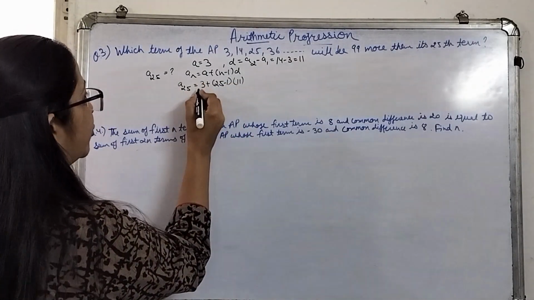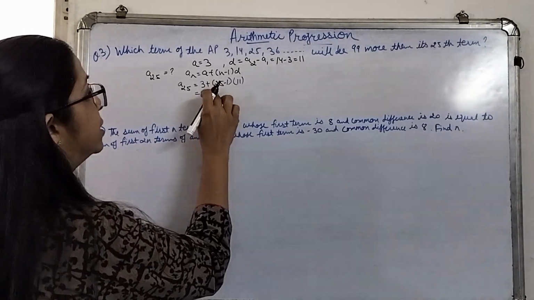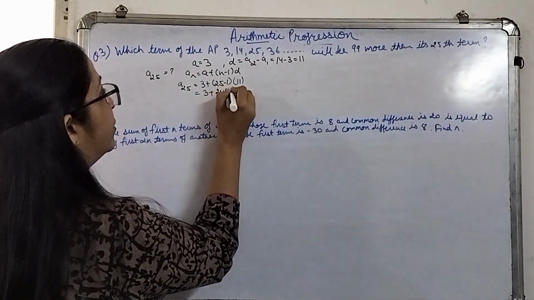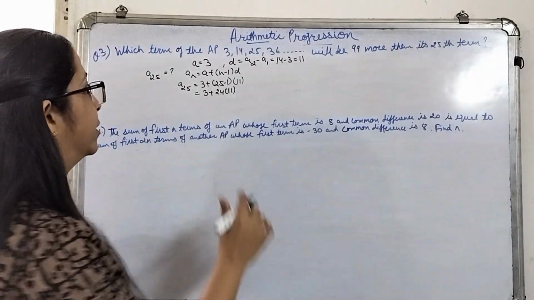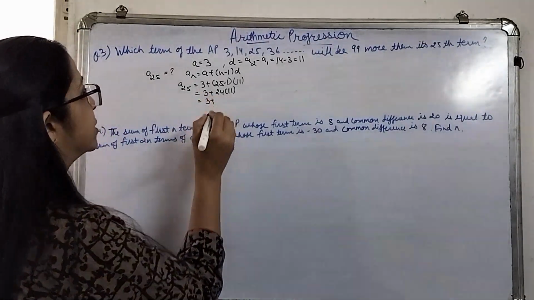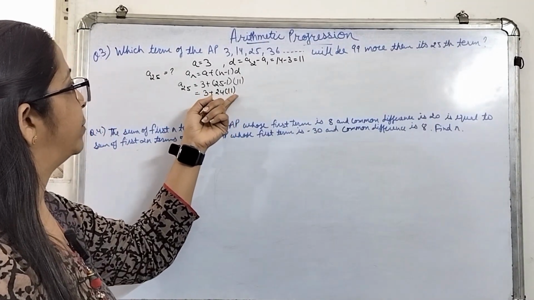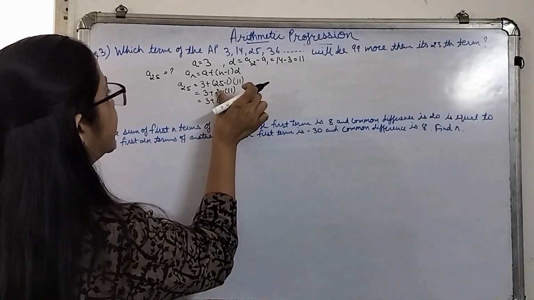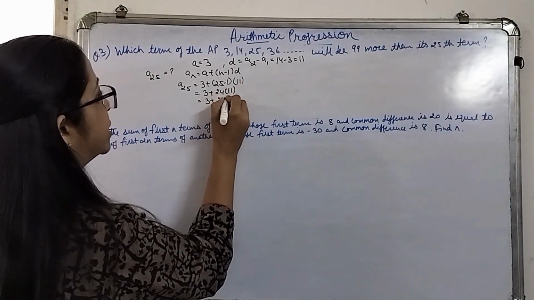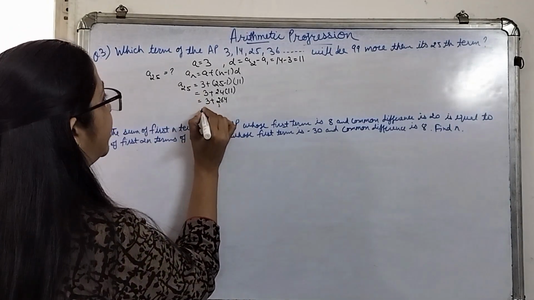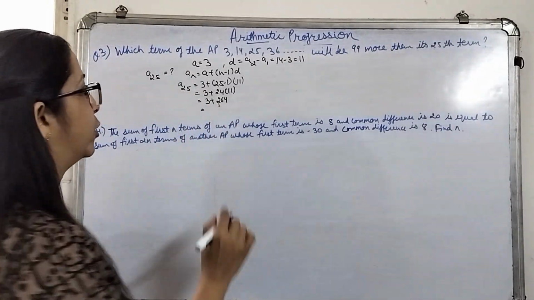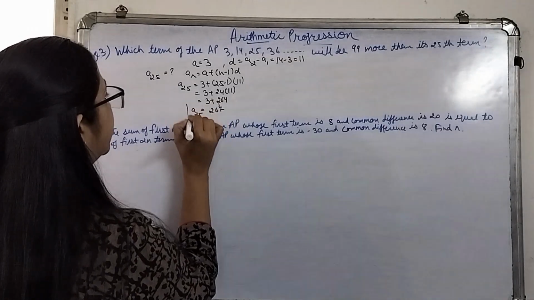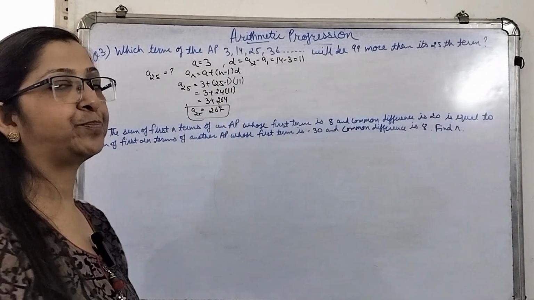So what will the value of A25 be? 3 plus 25 minus 1 will be 24. 24 multiplied by 11 will be 264, so 3 plus 264. That means the 25th term of this AP will be 267.